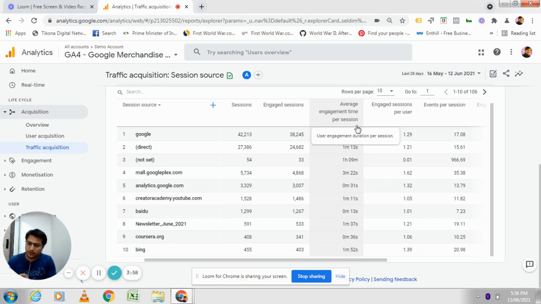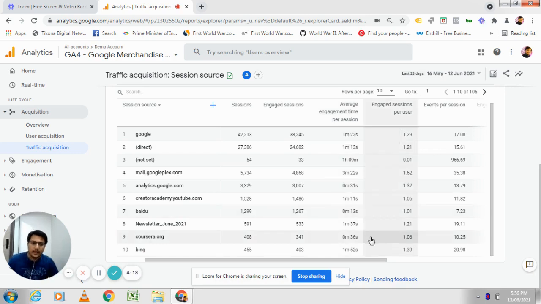Now for each of these categories, you can fix certain timelines, and if the time of people coming to those pages is below that, then you can think of modifying that page, or you should identify why there is a drop.